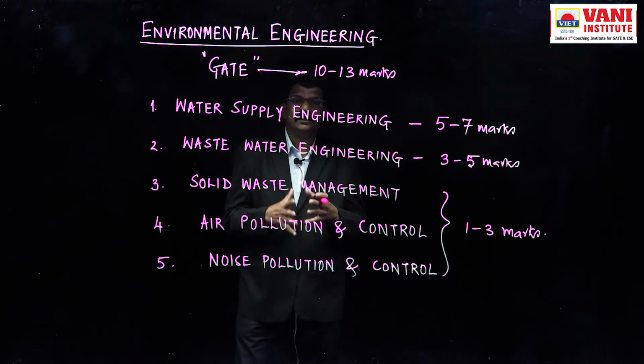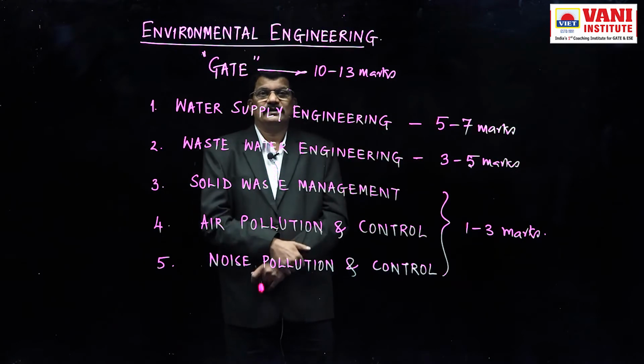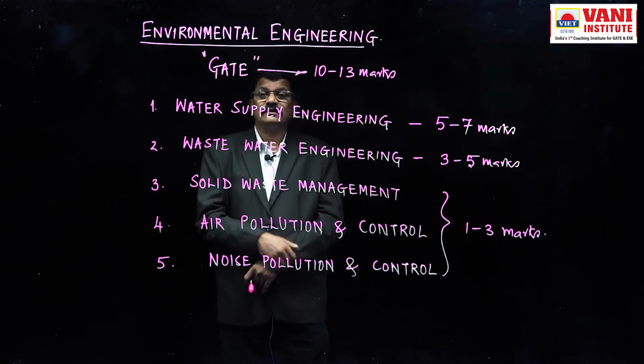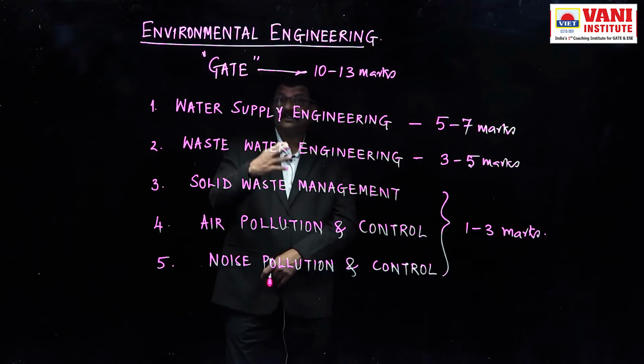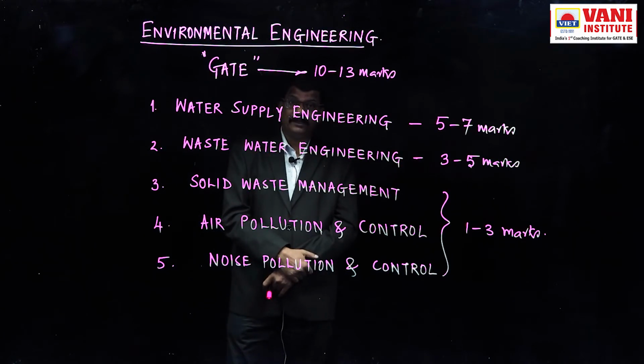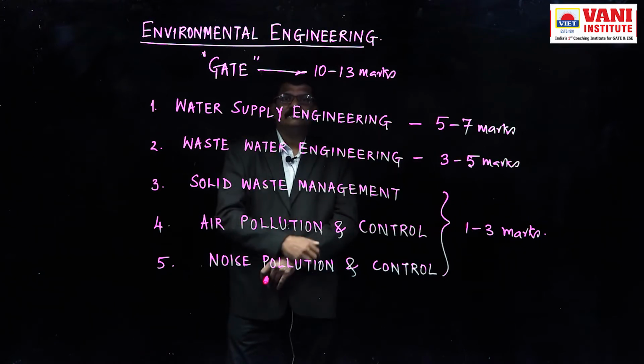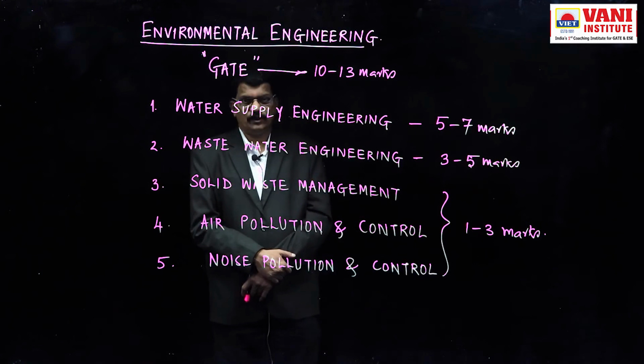This is what is studied exhaustively in these two. I can say they are subjects by themselves: water supply engineering and wastewater engineering. So it's a continuous cycle, and we mainly talk about water.